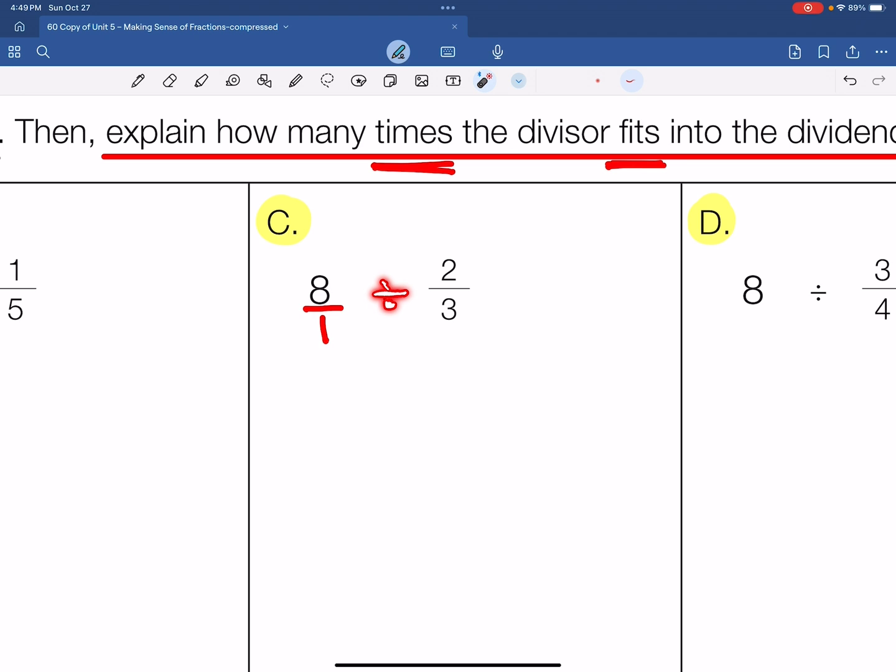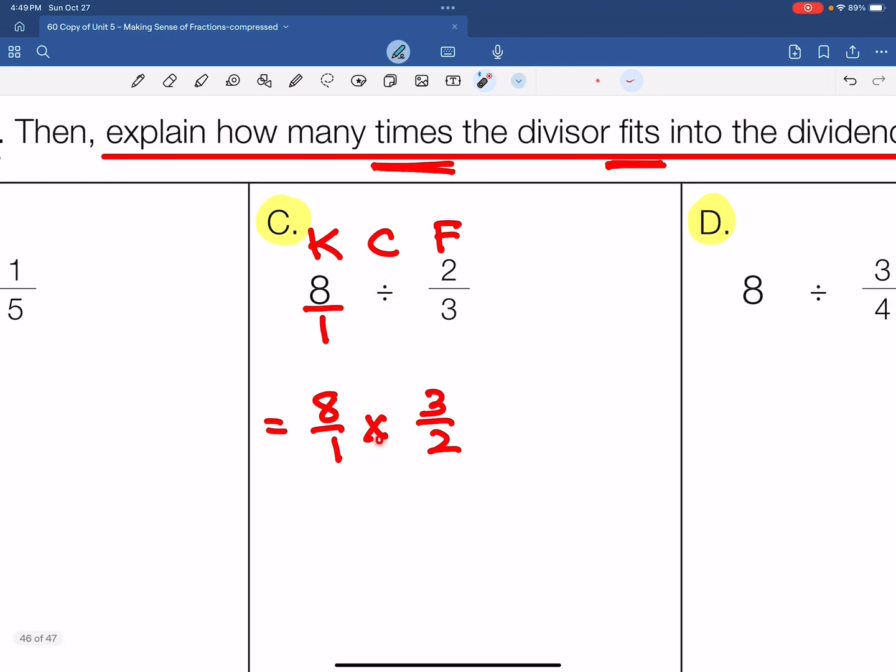So we're going to rewrite using keep, change, flip. Let's keep 8 wholes, or 8 over 1. Change division into multiplication. And flip 2/3 into 3/2. And again, we've turned it from a division problem into a multiplication problem.